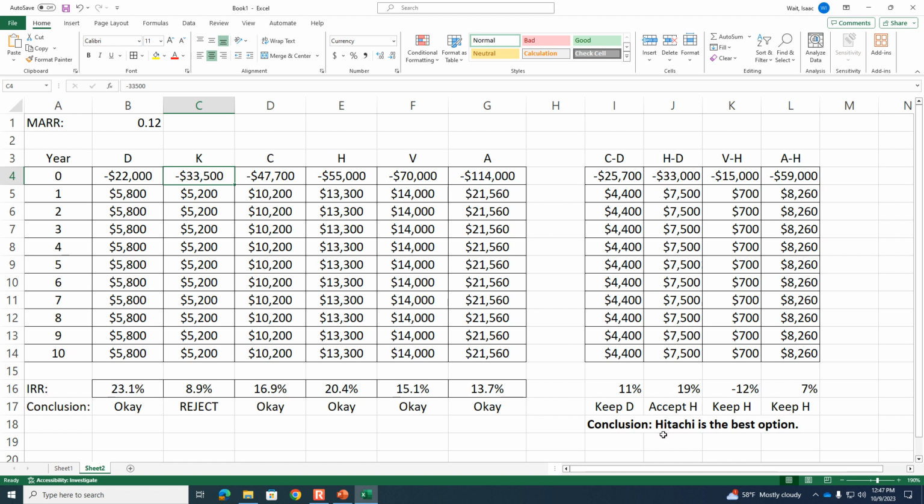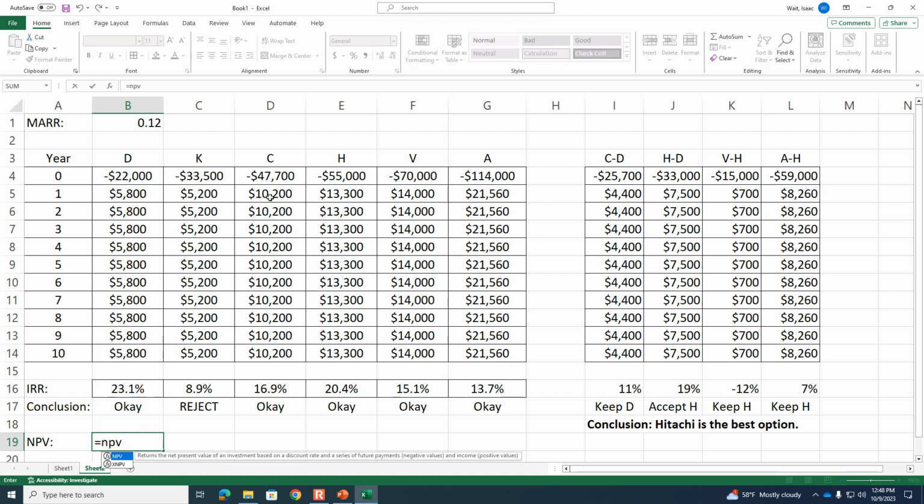But we could double check this using the NPV, so present worth analysis. Let's double check that Hitachi truly is the best alternative. To do that, equals NPV. The rate that we'll use is the MAR, anchoring the reference there by pressing the F4 button, so it's always looking in cell B1 for the interest rate.